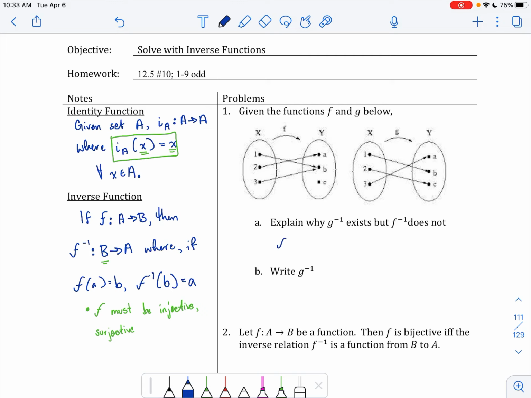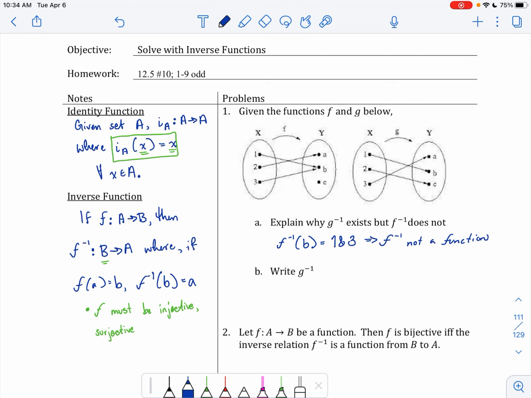So f inverse of b would be equal to both 1 and 3, which means that it is not a function. Now, again, it might be a relation, and it is, but it's not a function.